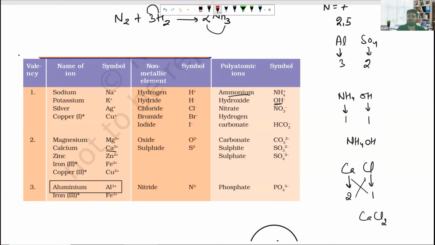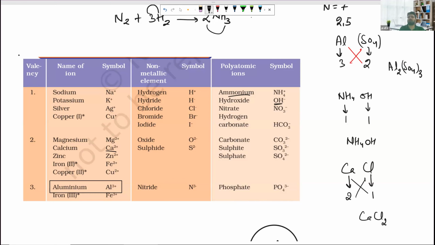Now when you cross multiply this, you will get Al2(SO4)3. Because this 3 applies to the single entity sulfate, you have to write it in one bracket.